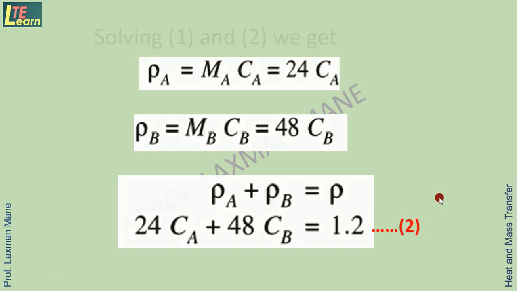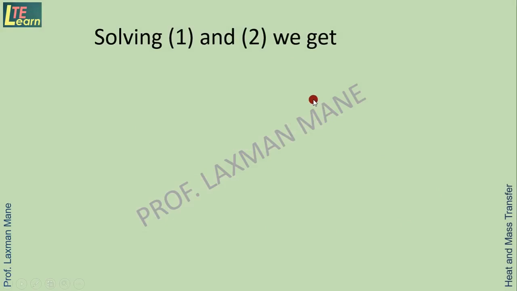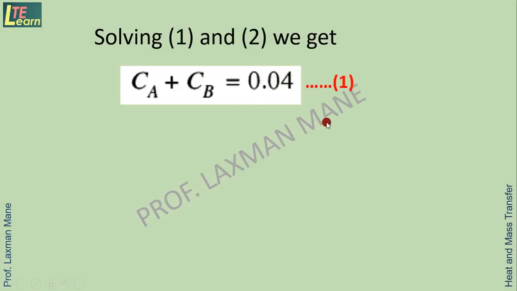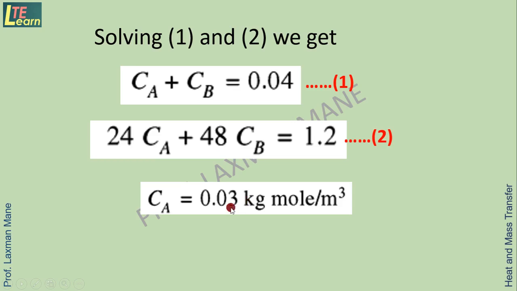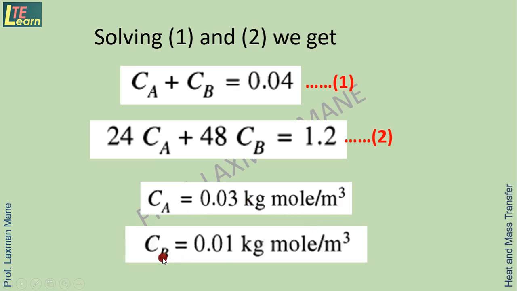So now we find equation 1 and 2 that we can solve. These both equations contain Ca and Cb, so we call them simultaneous equations. By solving these equations, we can get the value of Ca, meaning the concentration of gas A, and the concentration of gas B. After getting these values, we can do further calculation.